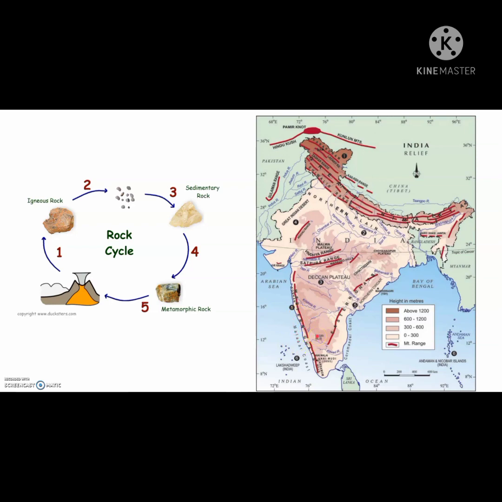The highest peak is Doddabetta. The Western Ghats include Anamalai. Rivers that originate in the Western Ghats, like Godavari and Krishna, cut across the plateau and join the Bay of Bengal.